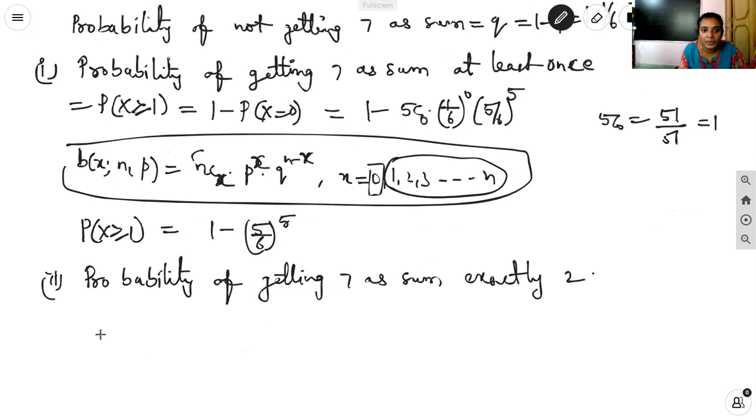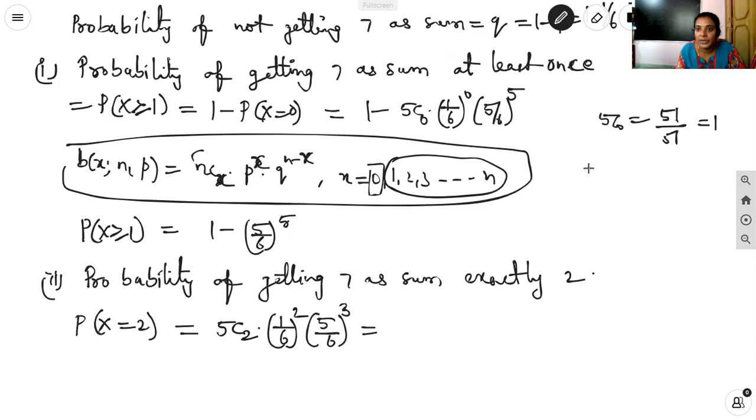That is nothing but the probability of x equal to 2. It is equal to 5c2, P is (1/6) whole power 2, Q is (5/6) whole power 5 minus 2, which is 3. 5c2 is 5 factorial by (5 minus 2) factorial, which is 3 factorial, times 2 factorial.